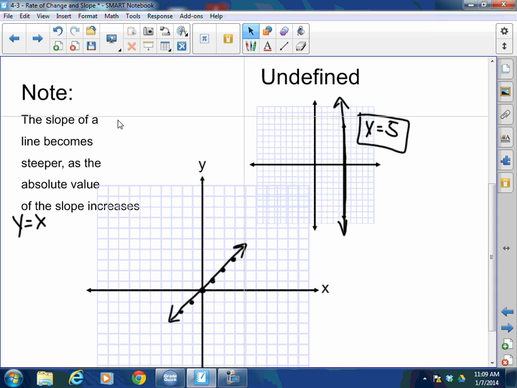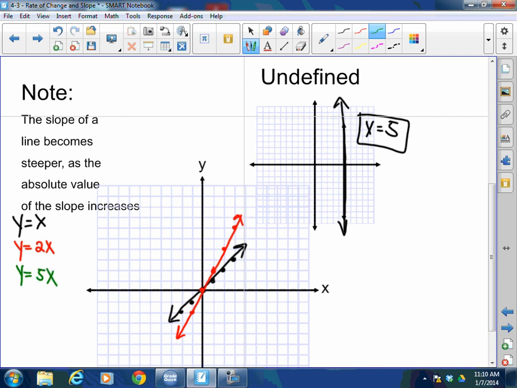Now in red, let's do y equals 2x. The slope is increasing, so now my graph would look like this. See how it's a little bit steeper? You see that, guys? Let's do it in green now. y equals 5x.